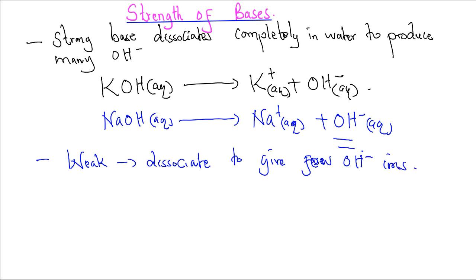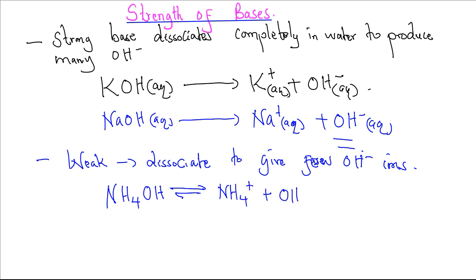A good example is ammonia solution, which dissociates to give ammonium ion and hydroxyl ion. So this is known as a weak base.